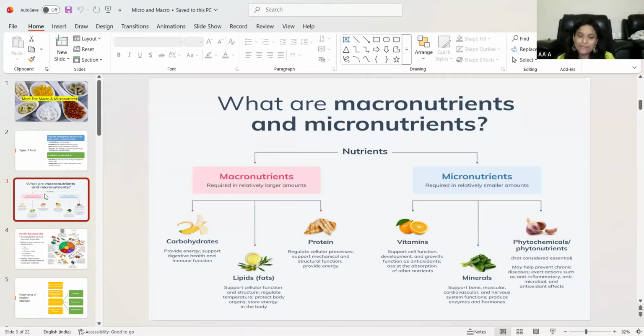And lipids. From where are we getting lipids? From seeds, nuts. In Ayurveda, as you know, most parts of India are hot and humid. In that condition, for carbohydrate, we can take rice.